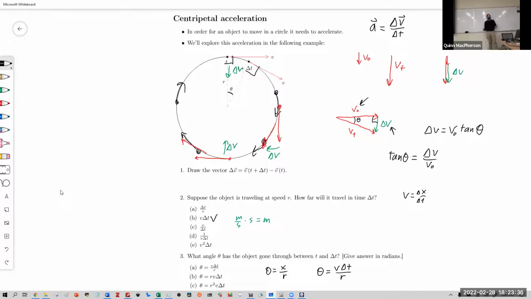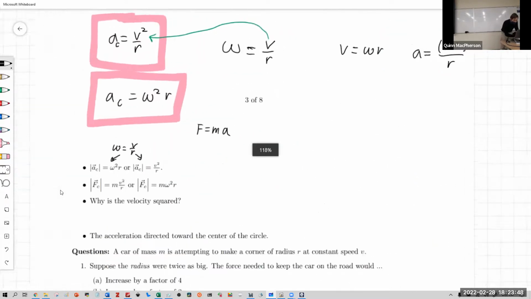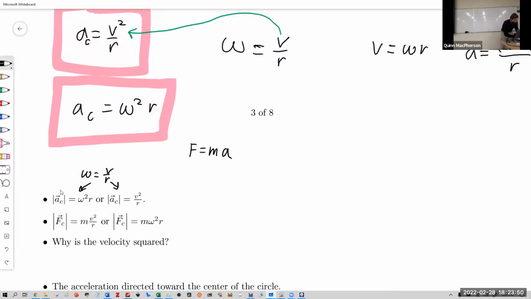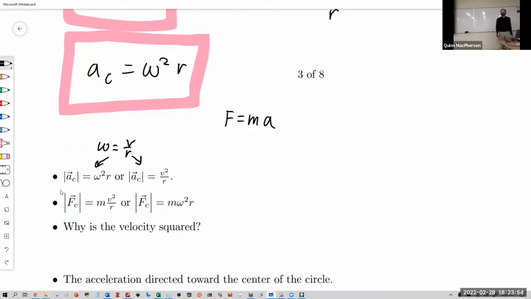If you have an object that's accelerating, you need a mass. So F equals ma: we take the acceleration and multiply by mass. This is the force that is required to keep something moving around a circle.